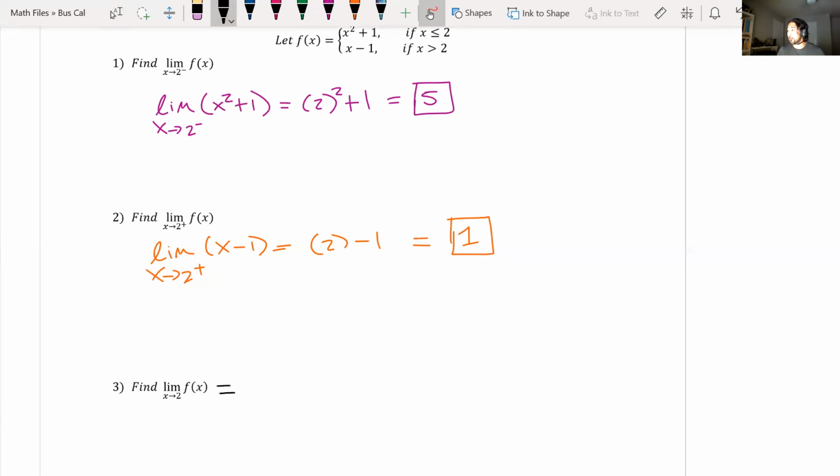No. Therefore, the limit as x approaches 2 does not exist. Because the left-hand limit at 2 is 5 and the right-hand limit at 2 is 1. 5 does not equal 1. Therefore, a limit cannot exist from both sides at 2.